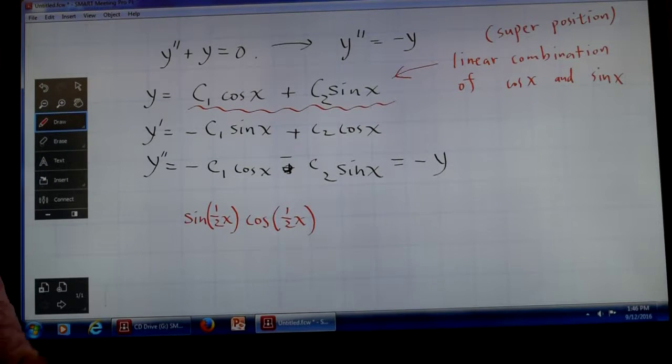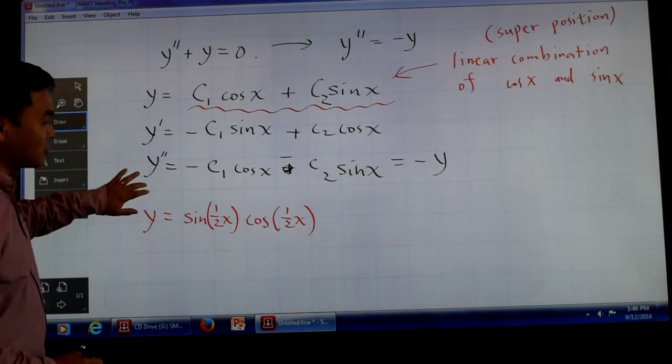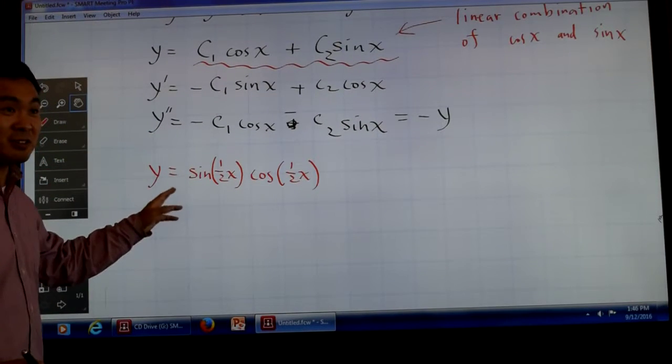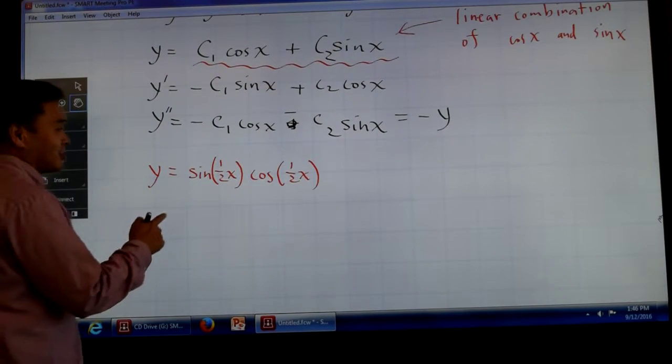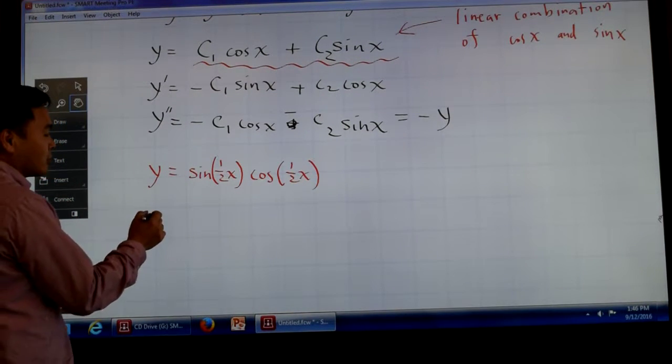Right? Actually, it's true. If you tried y to be this, and if you differentiate twice, you'll find that it's indeed the same as negative y. So let's see how that works.